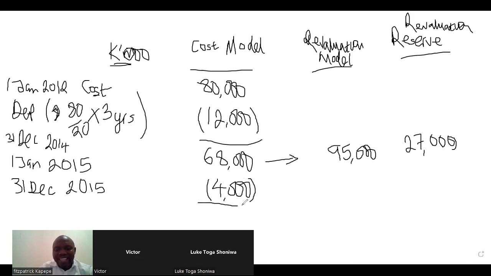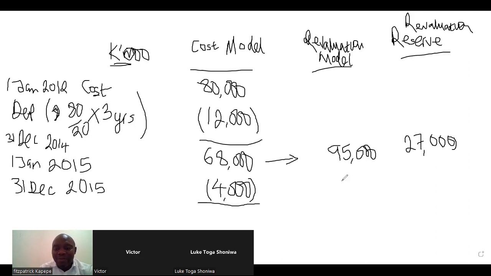You don't add anything. If it was the cost model, you would have depreciated 4,000 from the 68,000 that we have, and you end there. What is going to sit in your statement of financial position will be the revalued amounts.